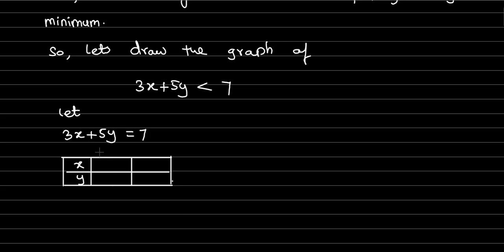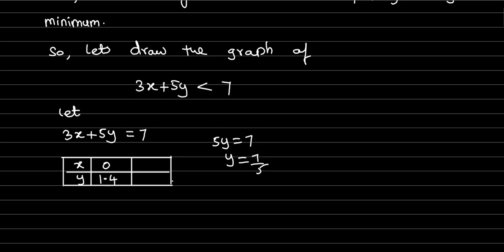If x equals 0, then the corresponding y value is 5y equal to 7, so y equals 7/5. Approximately it is 1.4, so I'll write 1.4 here.